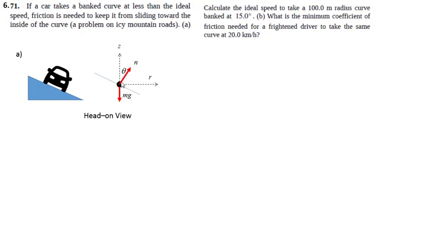Okay, so if I want the Z component, so that theta is this angle right here. The Z component is adjacent to this angle, so the Z component gets the cosine. And the R component would be here, that's opposite of this angle, so that would get the sine. So when I break this up, I get n times cosine of 15 going up and n times sine of 15 going to the right.